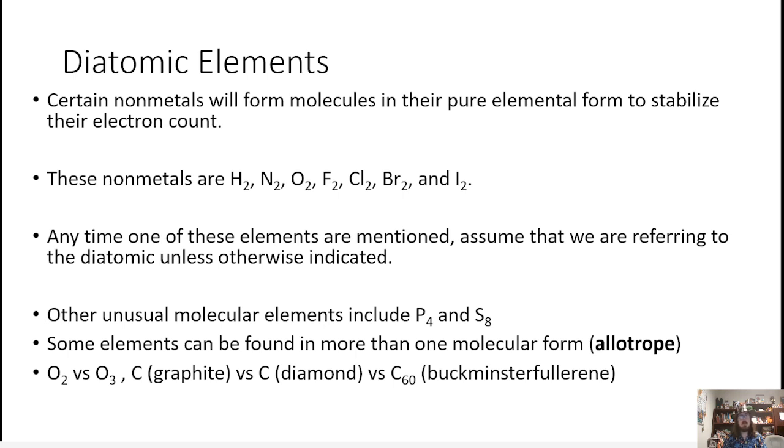Now, there's other elements that will do similar things, like phosphorus and sulfur, that form different structures, and we'll talk more about those later. And it's even possible that some elements are found in more than one molecular form, called an allotrope. These allotropes include, the biggest one is carbon.